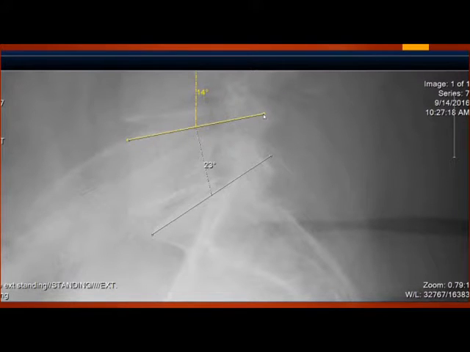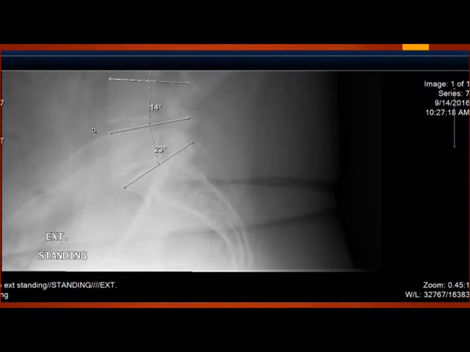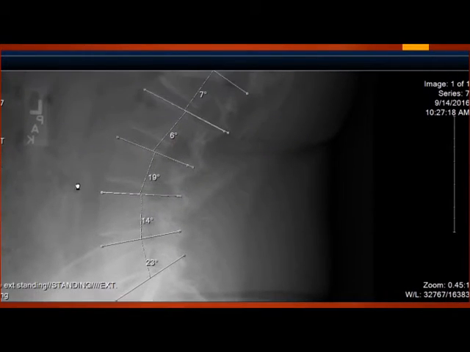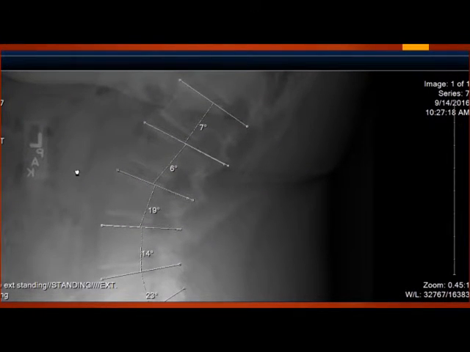At -23 degrees. Okay, so we have -7, -6, -19, -14, -23. Okay, so let's now go to our analysis and plug these numbers into our formula and see how that impacts our decision as to the integrity of these individual motion segments.